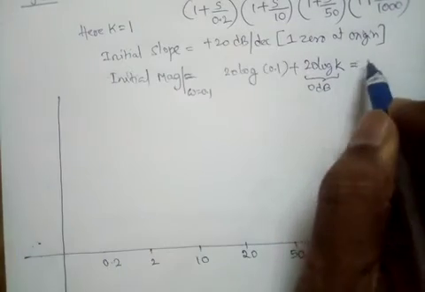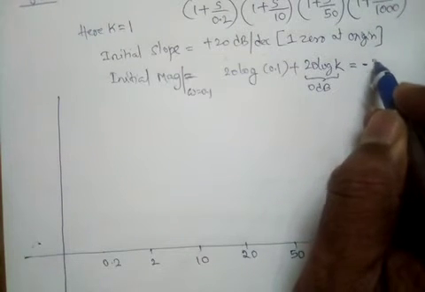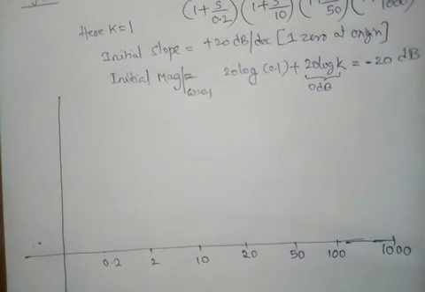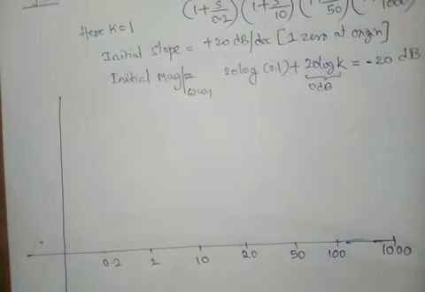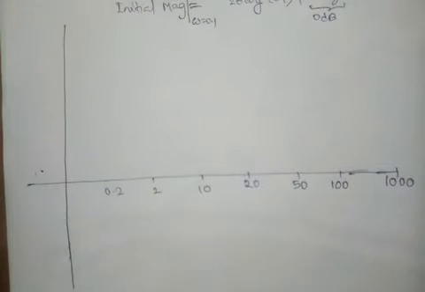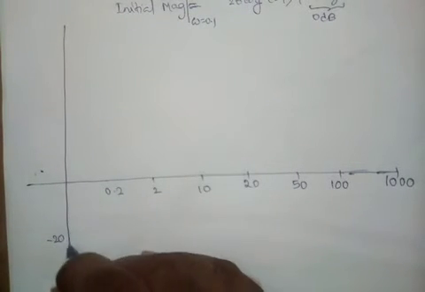So initial magnitude will be minus 20 dB. So this is minus 20 dB.